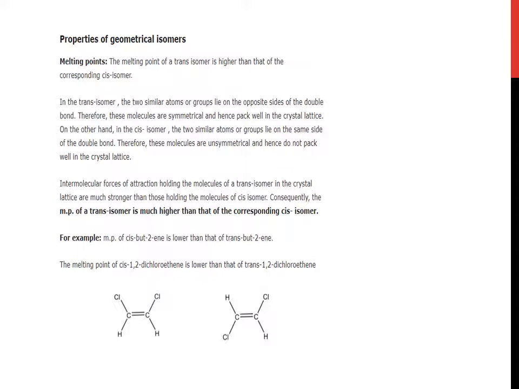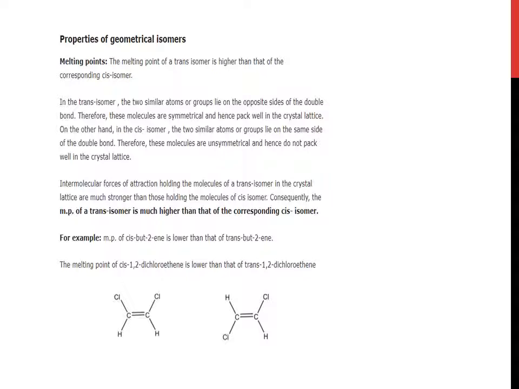Now, properties of geometrical isomers. Number 1, melting point. The melting point of a trans isomer is higher than that of the corresponding cis isomer. So students, please pay attention to this slide as it is a back exercise question and various examples are set for this phenomenon also.